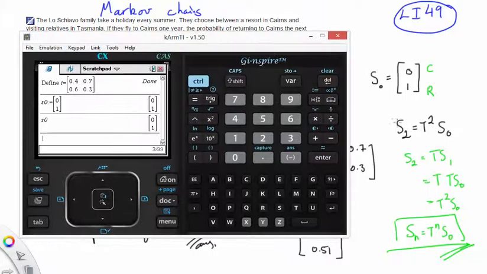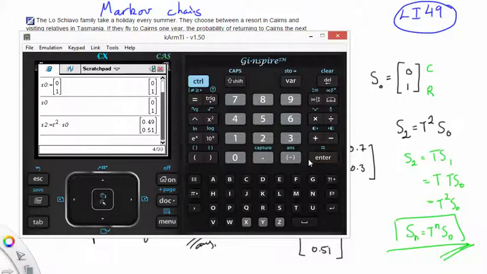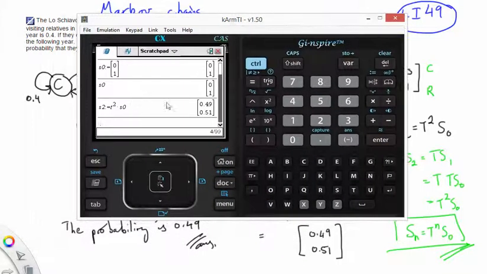Okay, let's find S2. So in fact, I can go S2 control is defined as T squared times S0. There we are, and it gives us our answer. Beautiful. So that colon equals is actually really useful for defining variables.